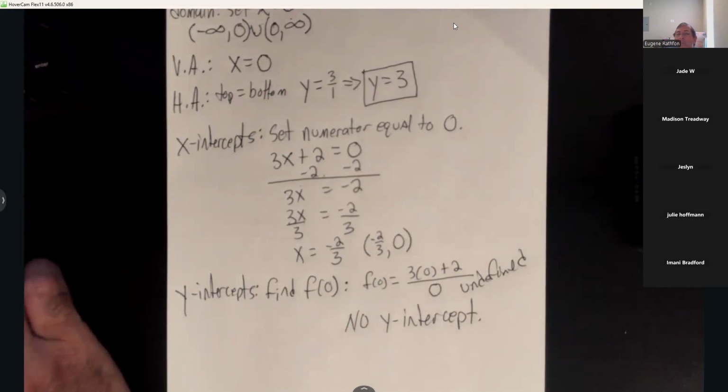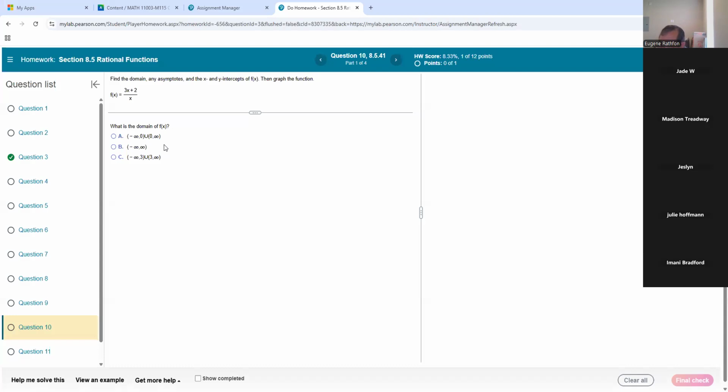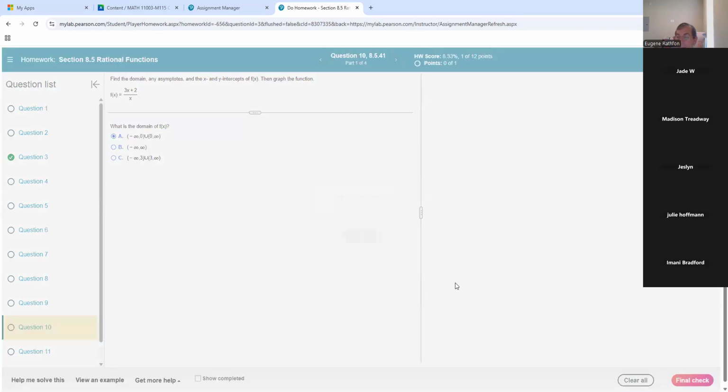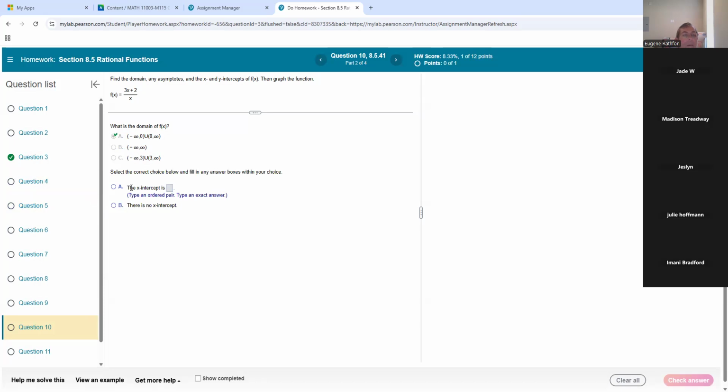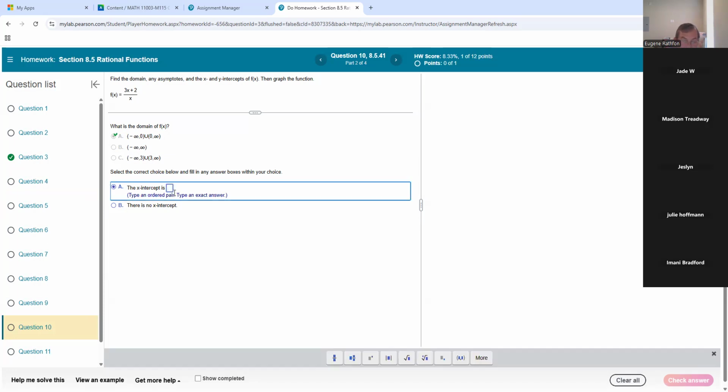So let's go answer MATLAB, I guess. All right, so our domain we said was kicking out 0 only. So y'all, that was A. Now it wants to know the x-intercept. Well, we did have an x-intercept, so that was a parentheses.